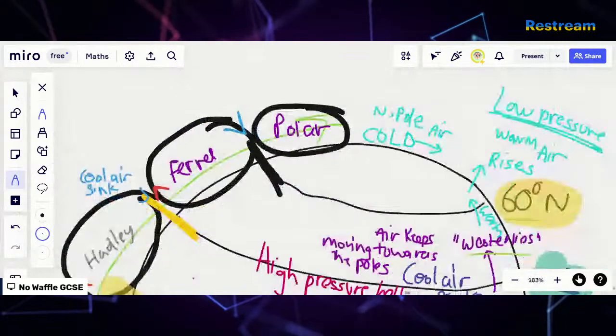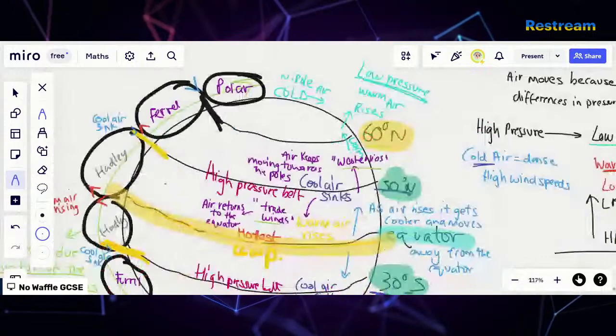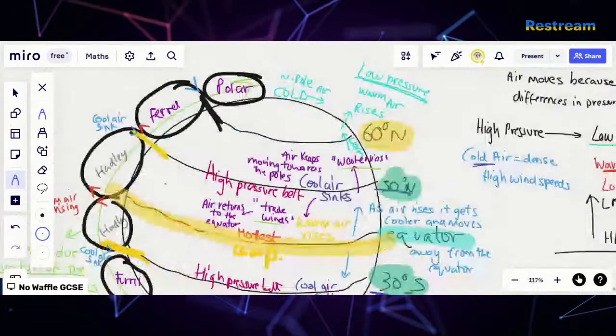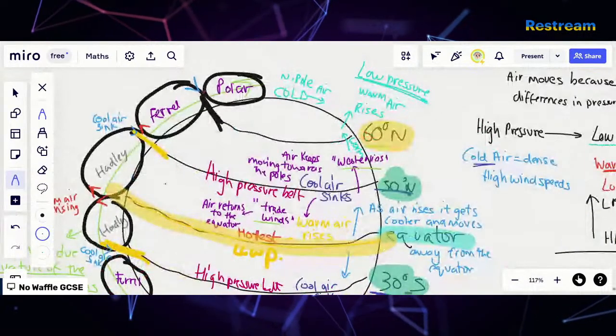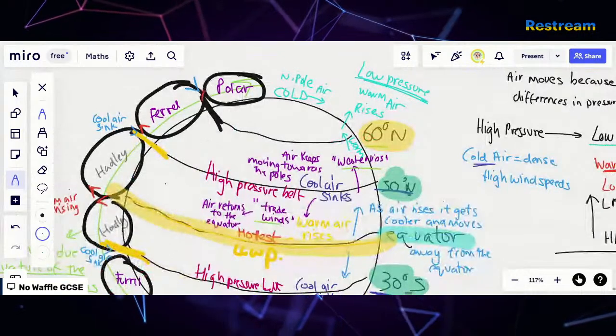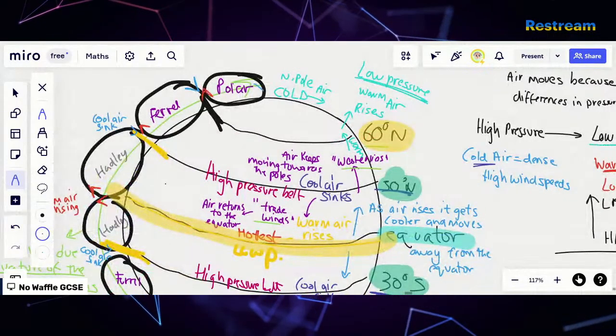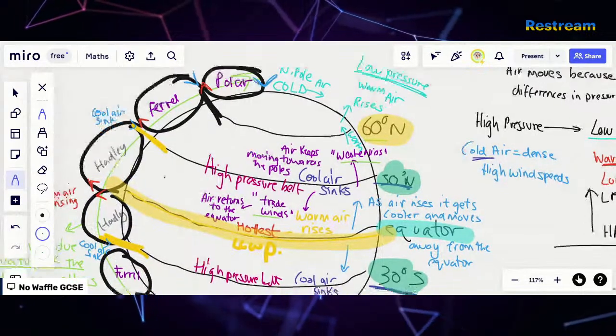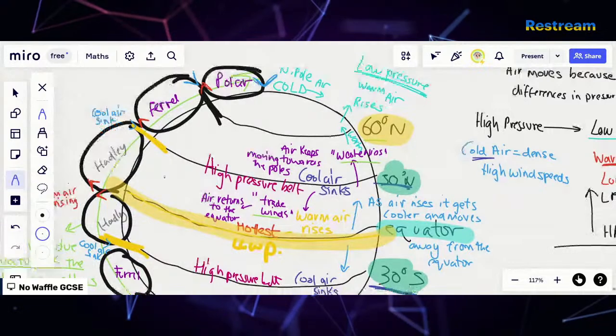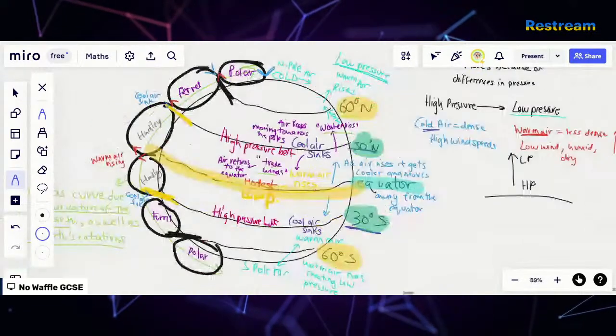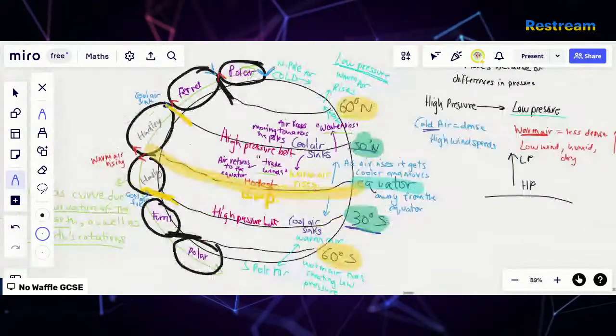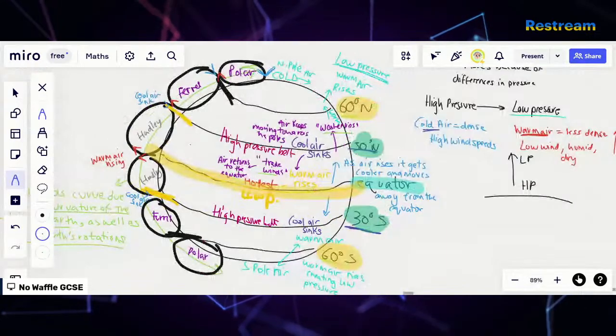But then remember we said that when it interacts with the North Pole's cold air, this warm air then rises. And the cold air from the polar cells then sinks. So those are the different cells. We've got Hadley, Ferrel, and polar cells. And that is global atmospheric circulation.